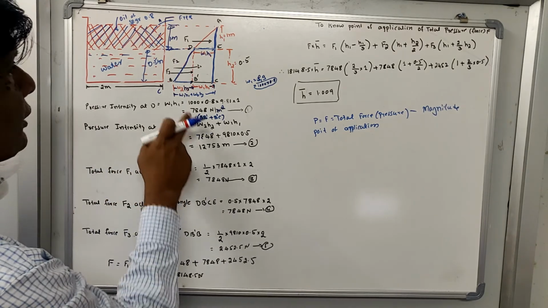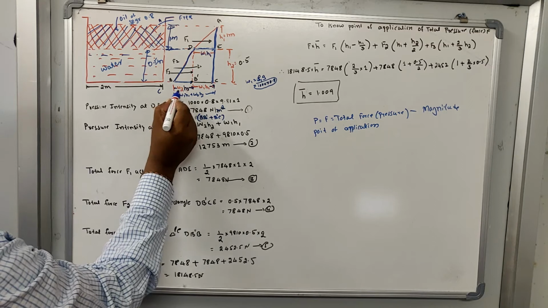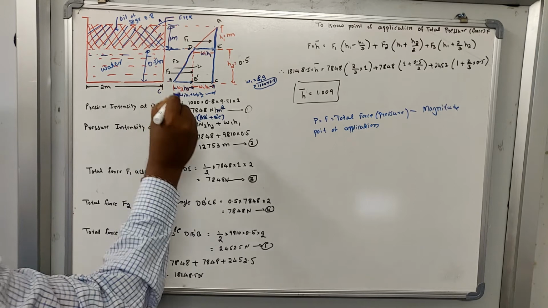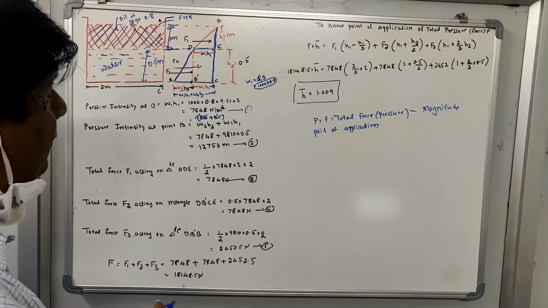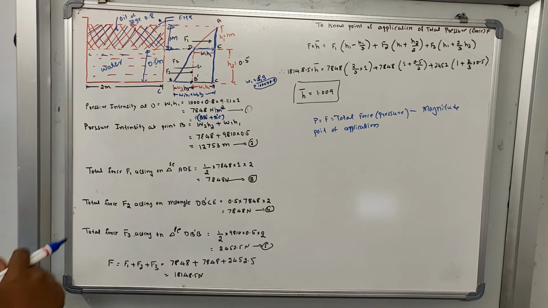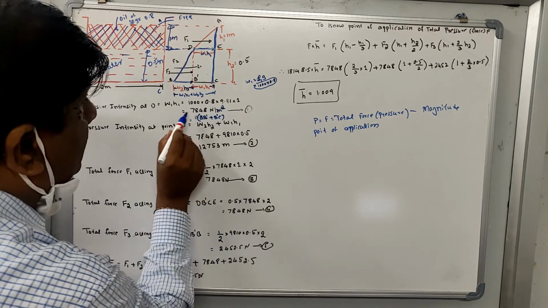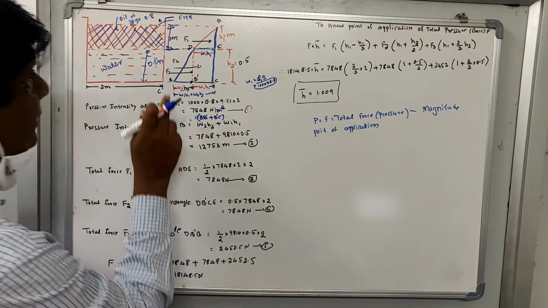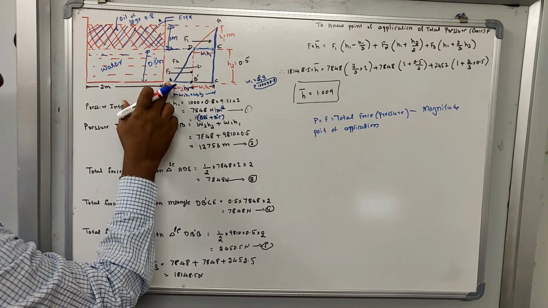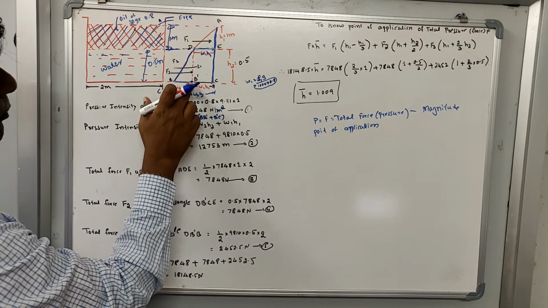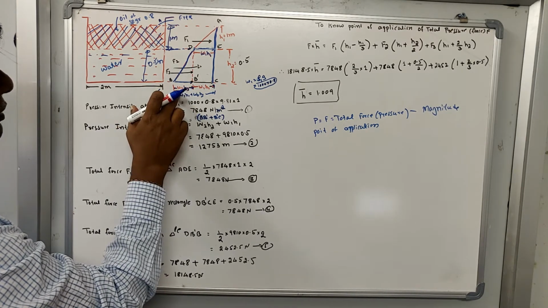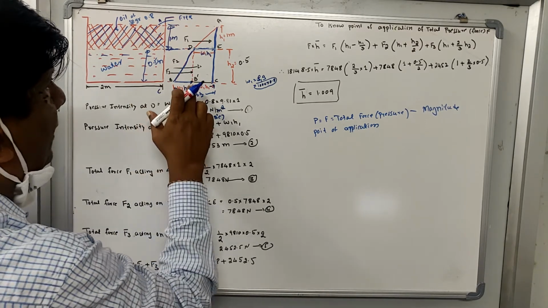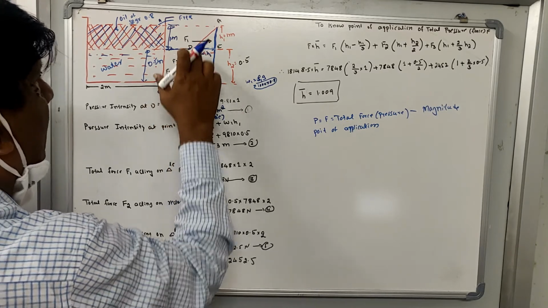So you calculate W2H2 first, that is 9810 into the vertical distance 0.5. Then W1H1 we have already calculated, that is 7848. Okay, so W2H2 is equal to the pressure intensity; W2 is water, so the unit weight of water is 9810 multiplied by 0.5, that is the height.